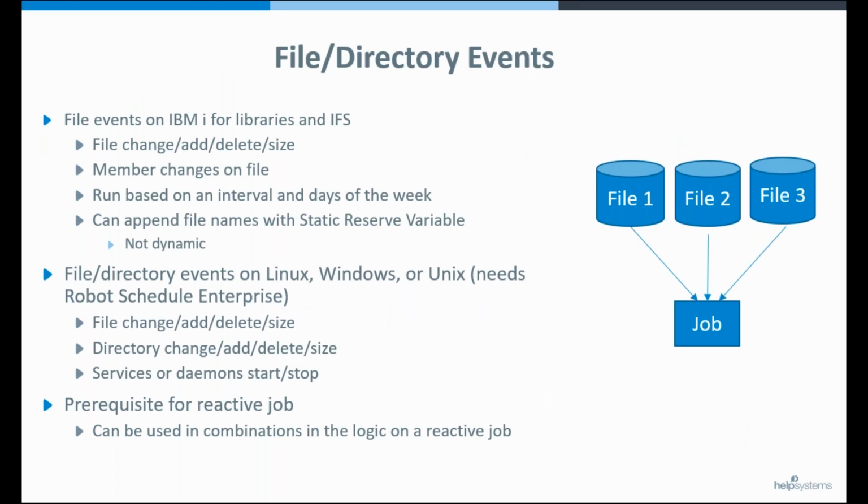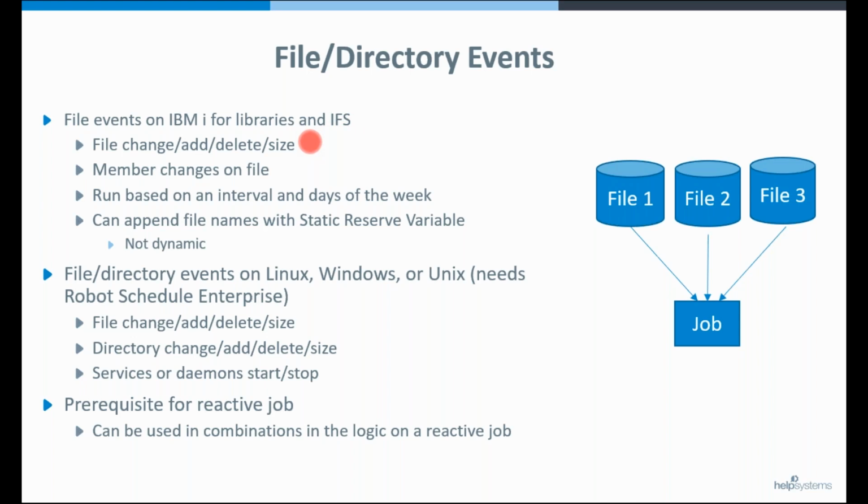All right. So file events are events basically that happen to a file either in the IFS or in the regular IBM library structure. And a file event is, let's say a file appears or changes, gets deleted, the size goes above or below a certain threshold.